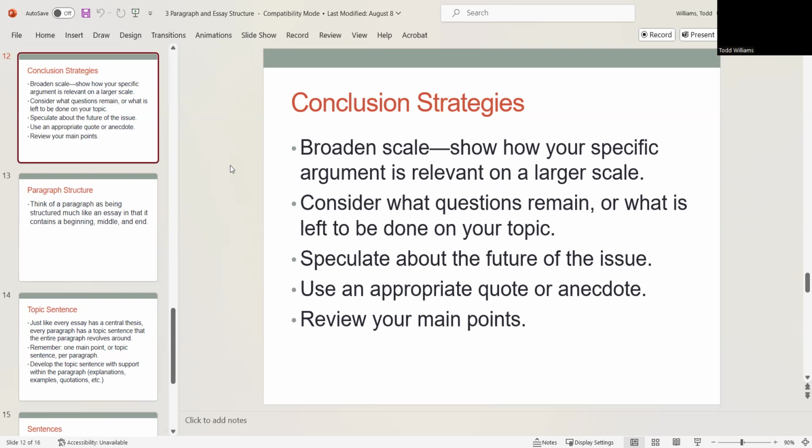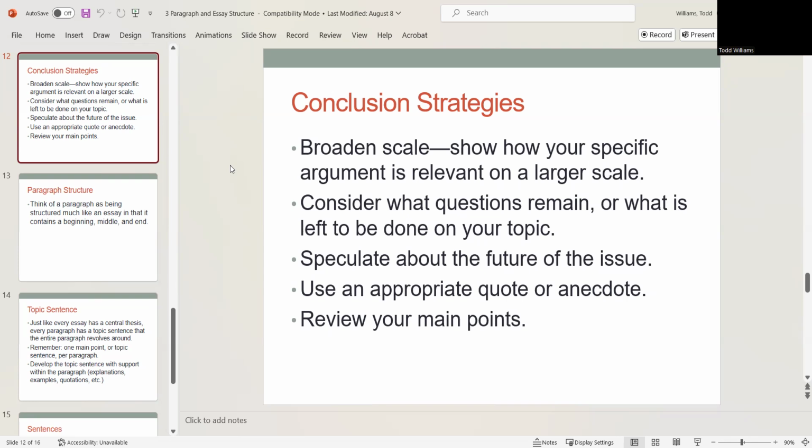Sometimes you can use an effective quote or an effective anecdote to conclude. Really, all of the things that I pointed out as introduction strategies can also work as conclusion strategies, right? So a nice story that wraps up what you've been trying to say, or a quotation. And then I also put on here, review your main points.